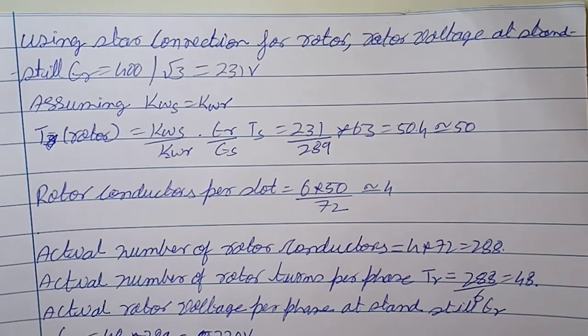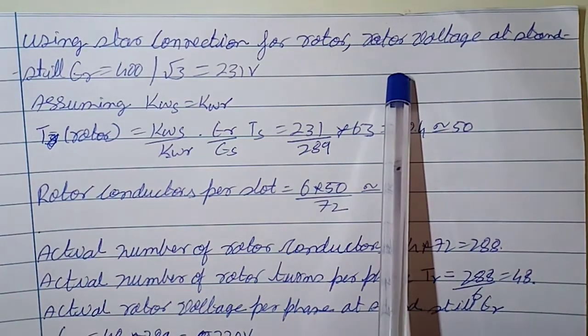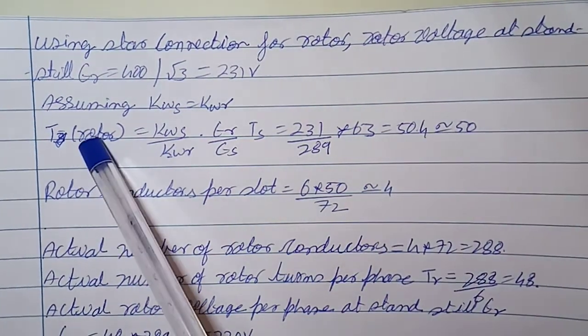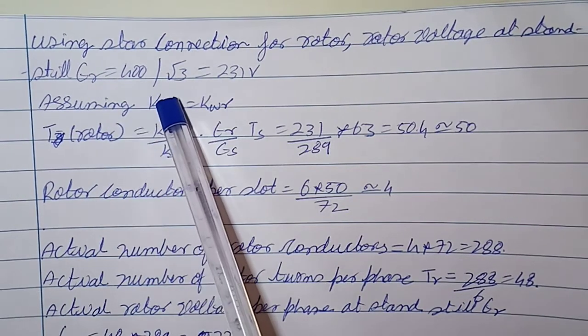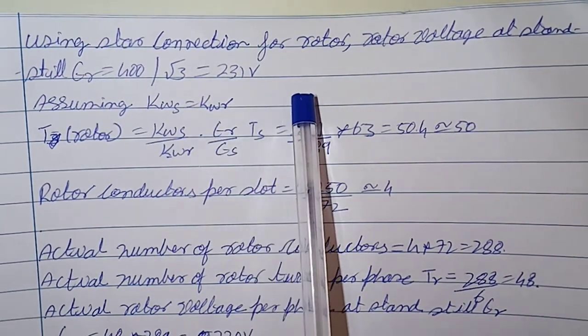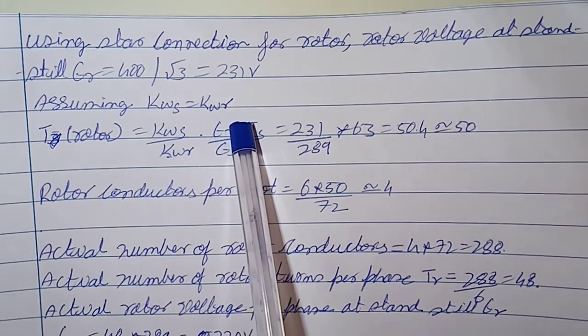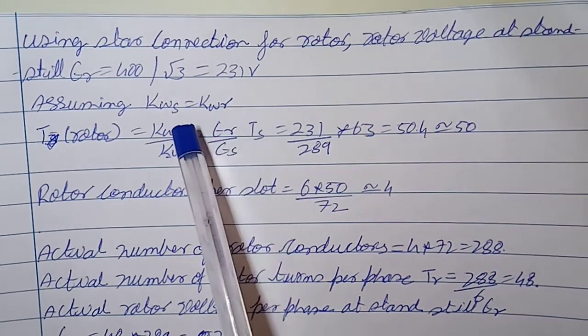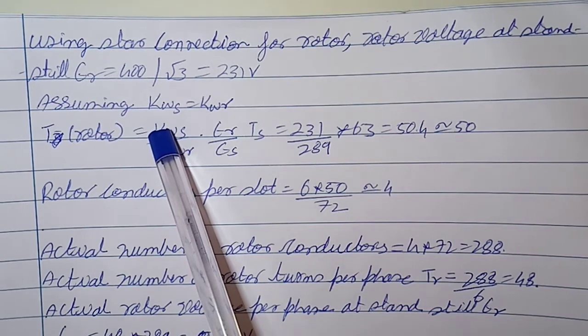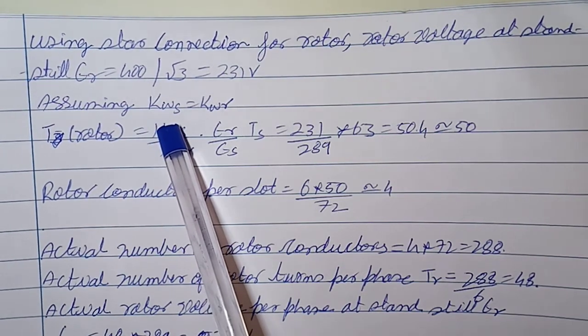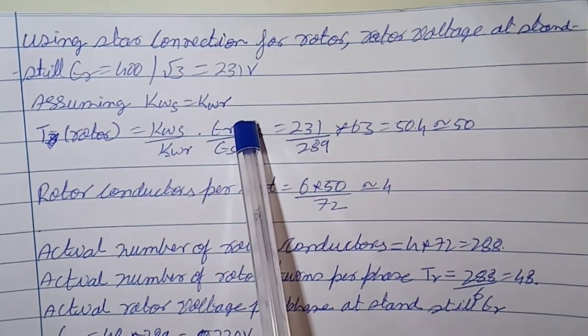Using star connection for rotor voltage at standstill, right? So which is 400 by root 3, 231 volt. Assuming kWs and kWr to be same, that is the winding factor or distribution factor for stator and rotor to be same.